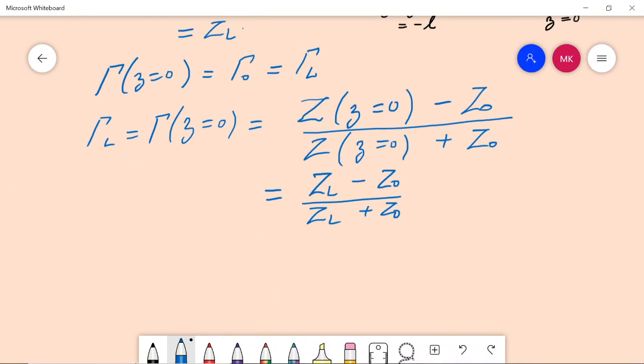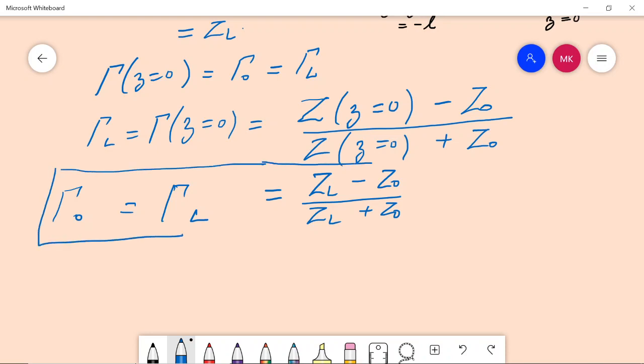So gamma L equals this, which is the same as gamma naught. This is an important relation. If the load is connected at Z equals 0, the reflection coefficient at the point where the load is connected comes out to be ZL minus Z naught over ZL plus Z naught.